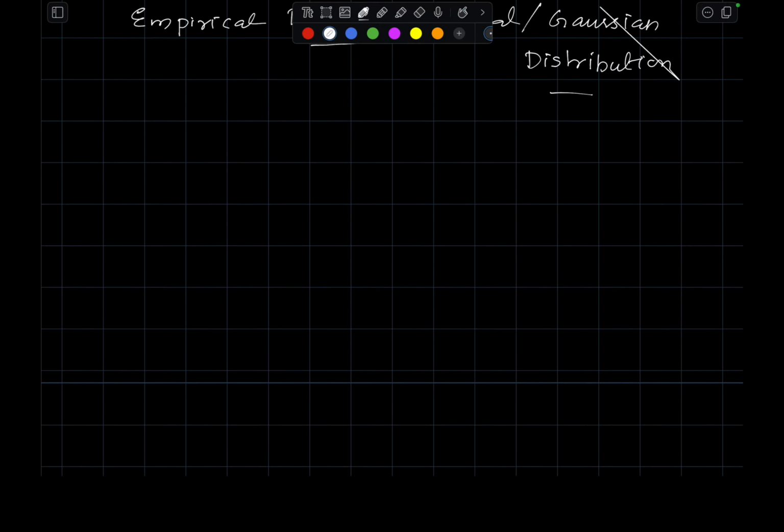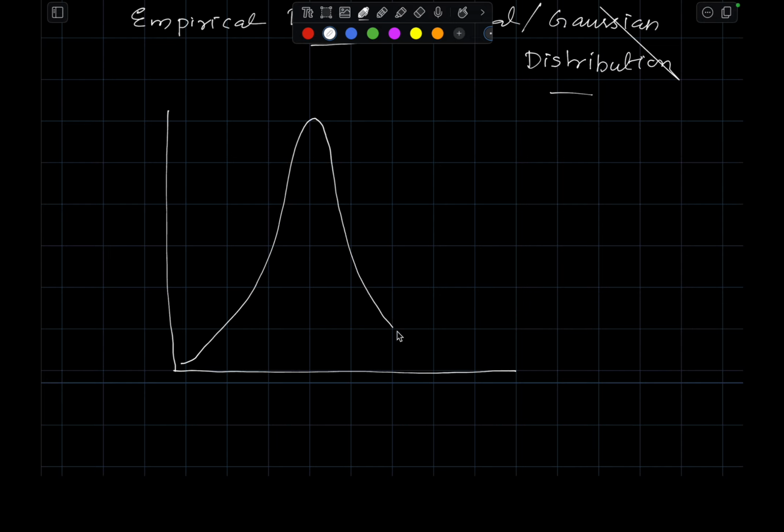It says that when we draw the data for a normal distribution, let's say we have a distribution of this sort, 68.27% of the data comes in the range mu plus or minus sigma, that is 68%.